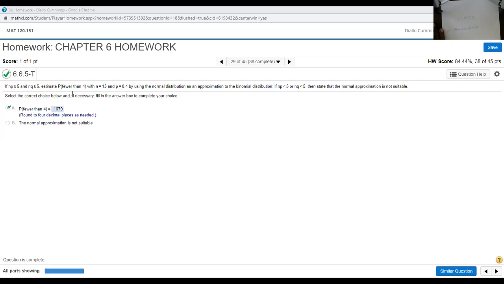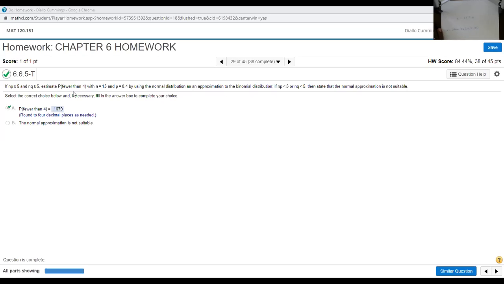If I multiply n times q, remember that q is 1 minus p, so q would be 0.6. 13 times 0.6 is again greater than 5. So we can approximate this binomial as a normal. We're asked to estimate the probability of fewer than 4.